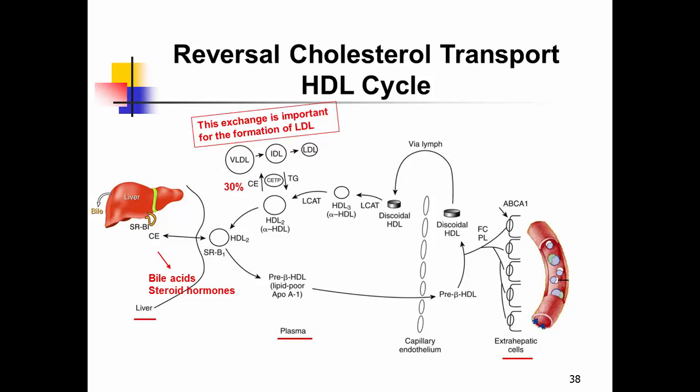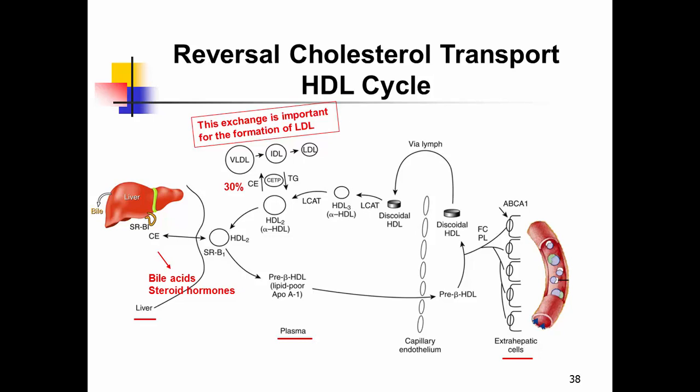right? So eventually the alpha HDL is picked up by the liver for further metabolism, so cholesterol can be used to synthesize bile acid and also steroid hormone in the liver. So this is the reverse cholesterol transport process.